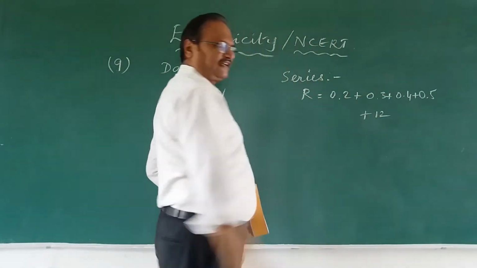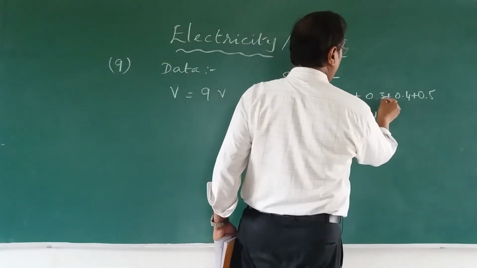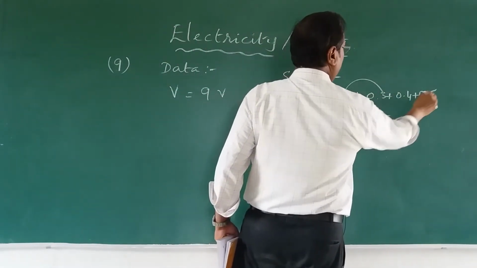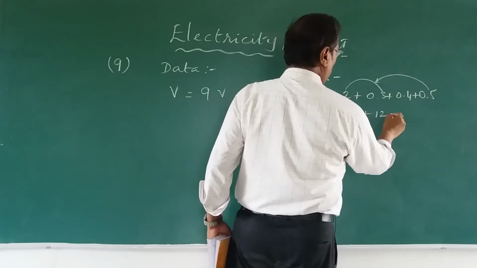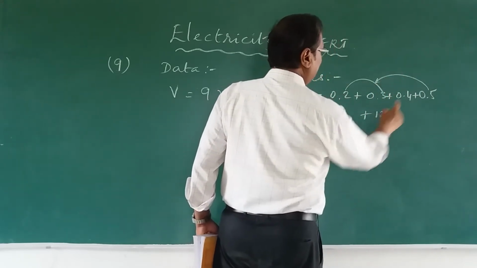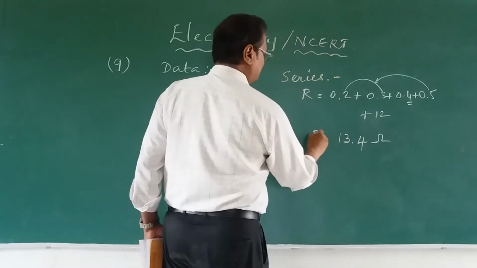All these are connected, they are in series. So we just need to add that 0.5, this will become 0.5 and 0.5 plus 0.5 will become 1. So 12 plus 1 is 13, and left out is point 4, so 13.4 ohms is the resistance.